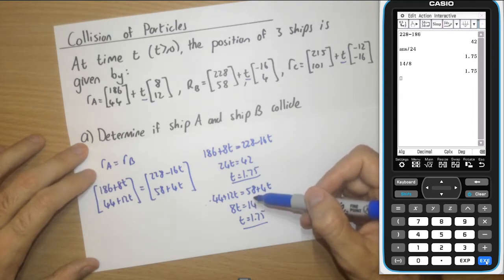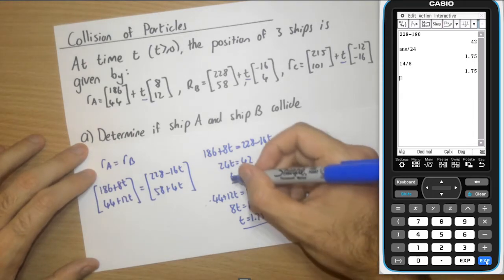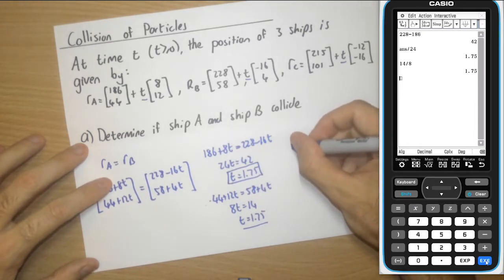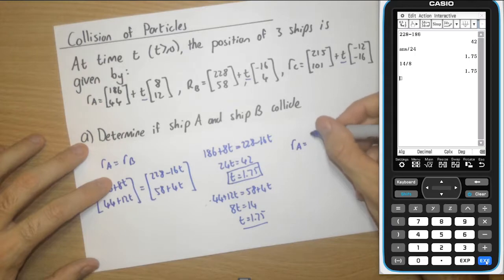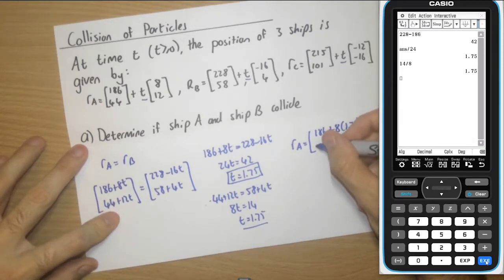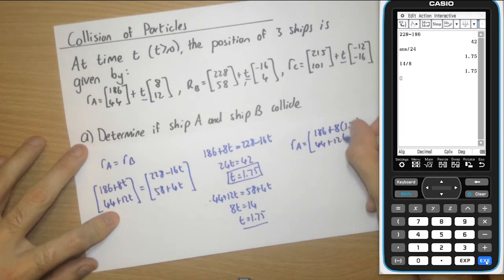Now we just need to determine what that point is. How do we do that? We can substitute the time into any one of the two equations there. So I'm just going to substitute it into the point A there. So we want 186 plus 8 times 1.75, and we want 44 plus 12 times 1.75.